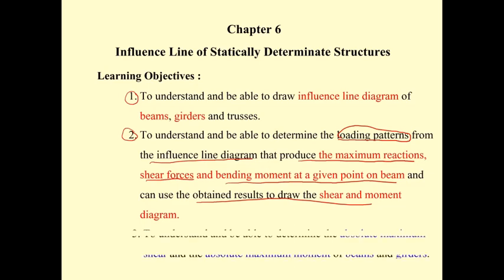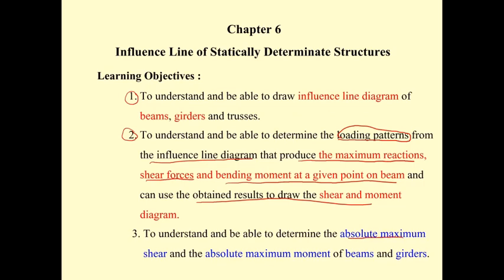Okay, and the third one is to understand and be able to determine the absolute maximum shear and absolute maximum moment. Okay, you know the word absolute, right? The absolute is the maximum of the maximum. Say there is a girder of a bridge, and then you have an 18-wheeler.